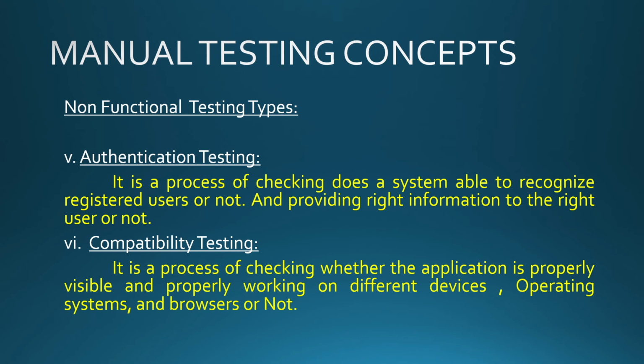So the next one here is compatibility testing. Compatibility testing is a process of checking whether the application is properly visible and properly working on different devices, different environments, different operating systems and different browsers or not. For example, consider the Amazon application, where I am trying to open it from a Chrome browser, and also from a Firefox browser.